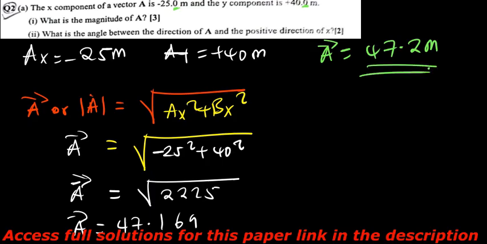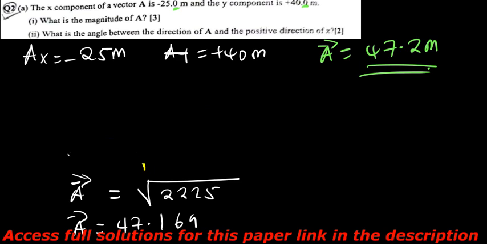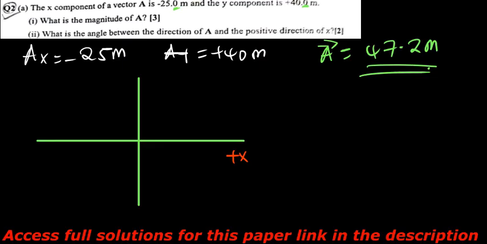To find the direction, before you even go further, I want you guys to know where the angle is going to fall. You should be able to know where the angle is going to fall before you find the direction. So we should understand that this is the xy plane and this is positive x. That is negative x.